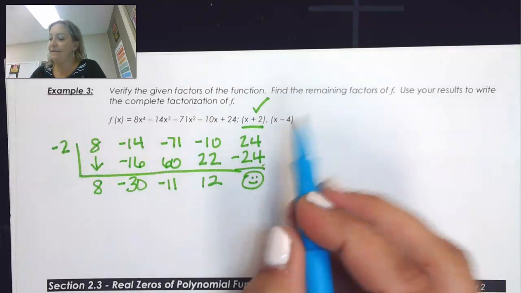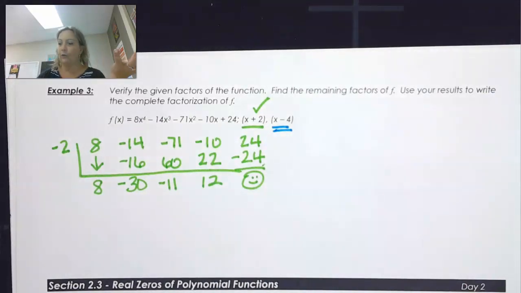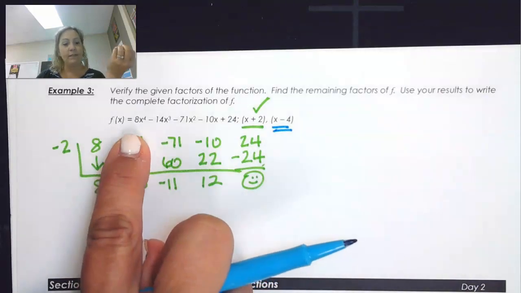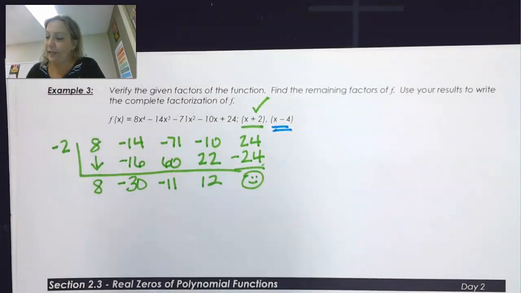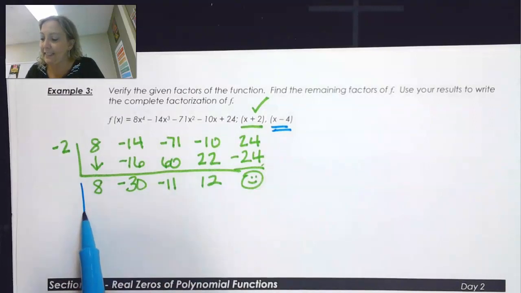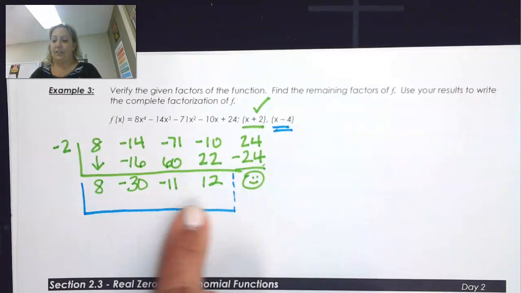Now, when I verify x minus 4, you guys, let's not use the original one, okay? One thing that we can do is we can use what's called the depressed polynomial. Don't worry, it's not sad. It's just 1 degree less than the other one. And the depressed polynomial is going to have these as our coefficients.